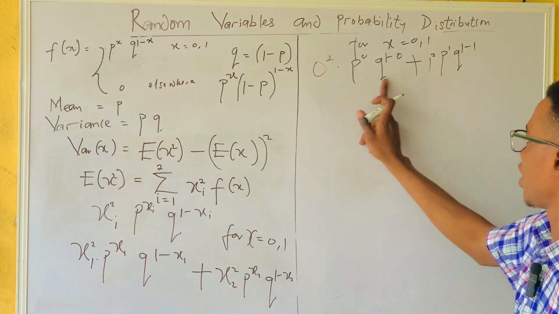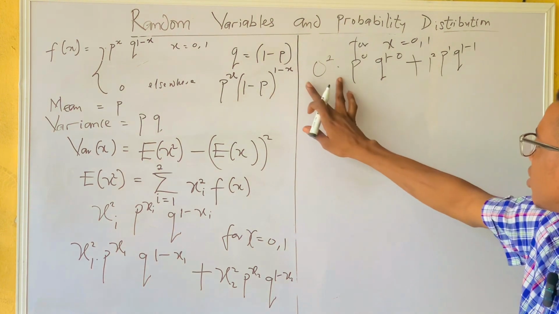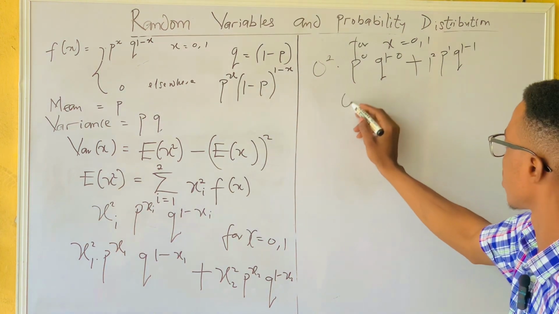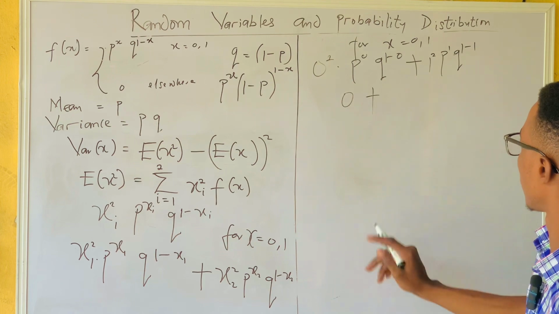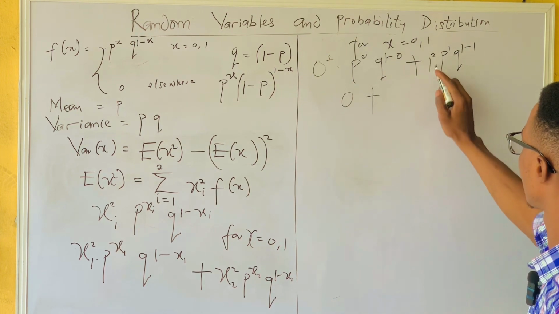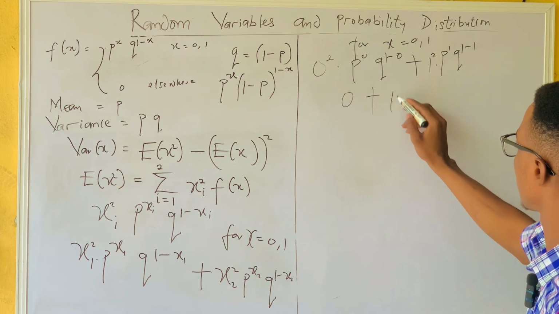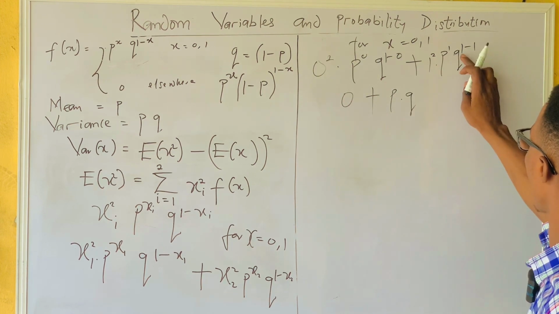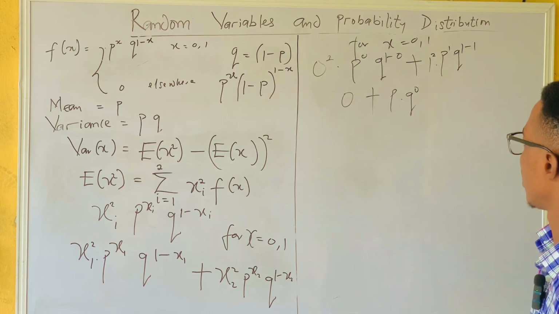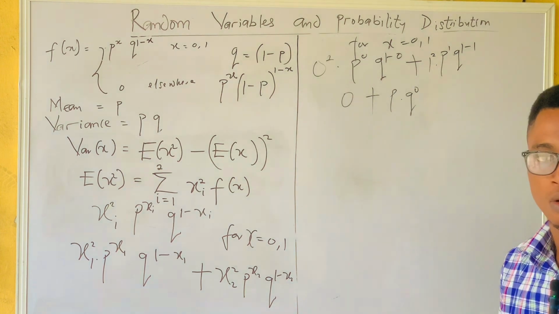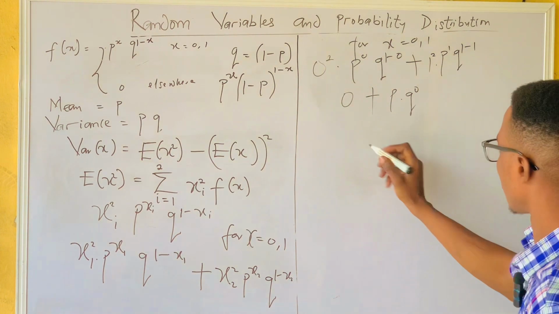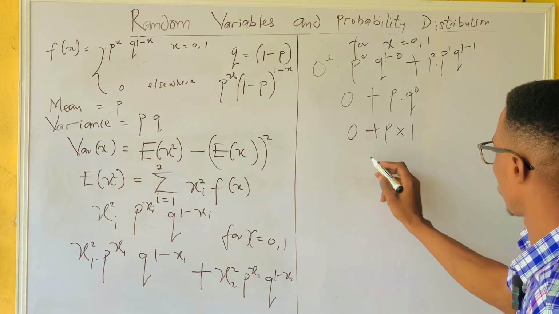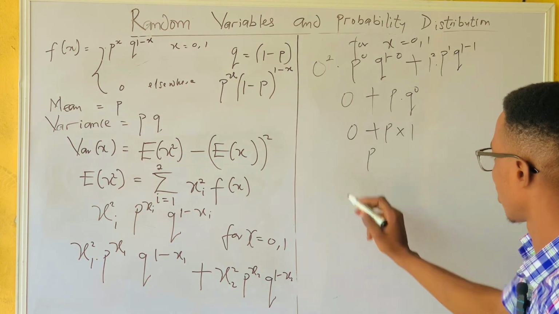Of course, everything here becomes 0 because this 0 is multiplying through here, which becomes 0, plus 1 squared multiplied by p will give us p, multiplied by q to the power 1 minus 1, which gives us q to the power 0. Anything to the power of 0 gives us 1. Of course, we have 0 plus p multiplied by 1, which gives us p.